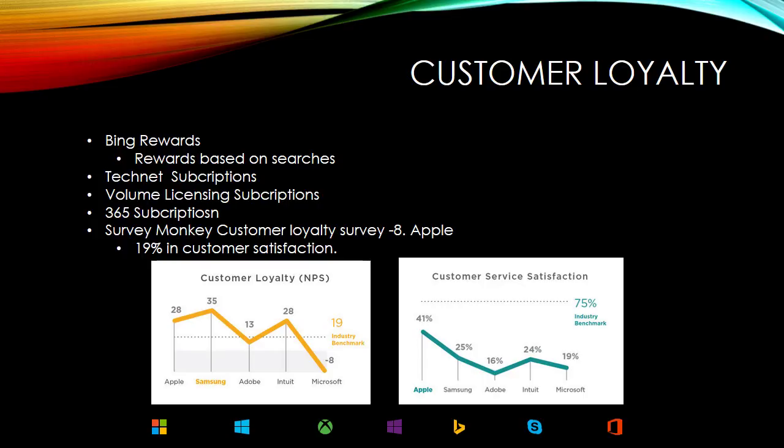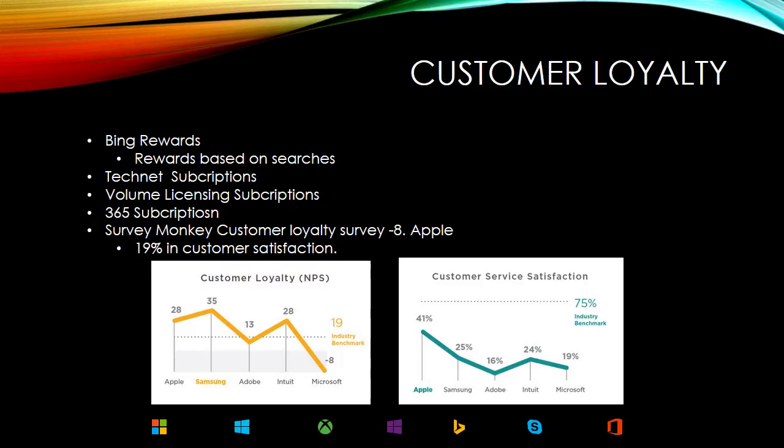This is a consumer survey, which means it would be the regular individual. They're not surveying businesses here. I think if this survey was done to businesses, Microsoft would definitely rank much higher than Apple as far as loyalty when it comes to purchasing for the internal infrastructure of corporate America, and not even just in America but in other countries as well.